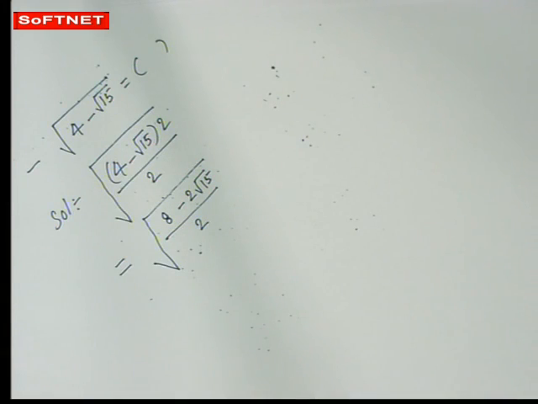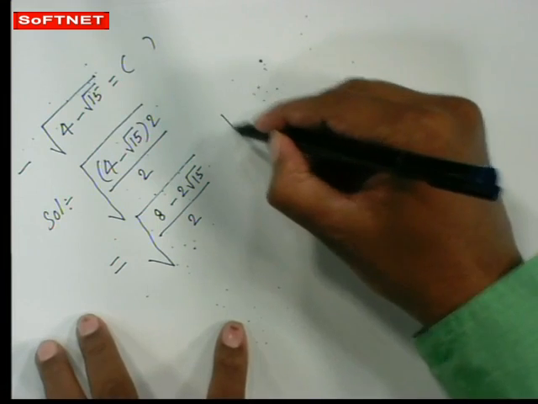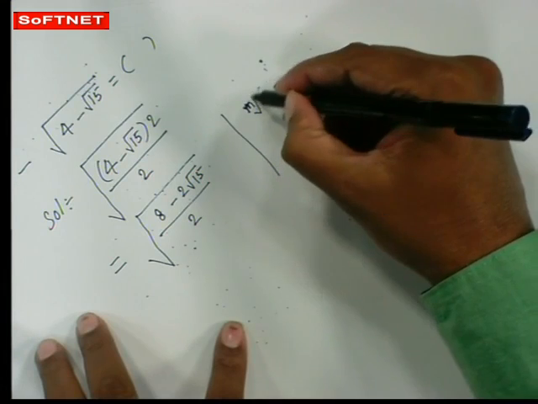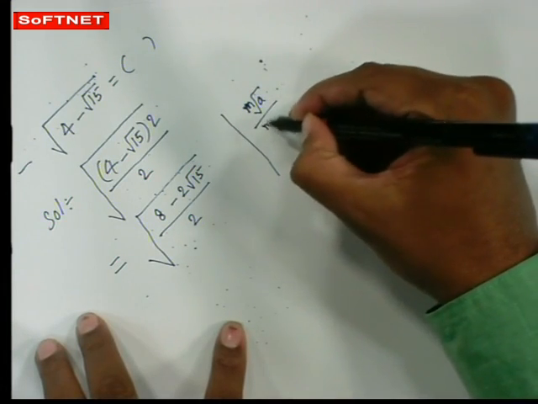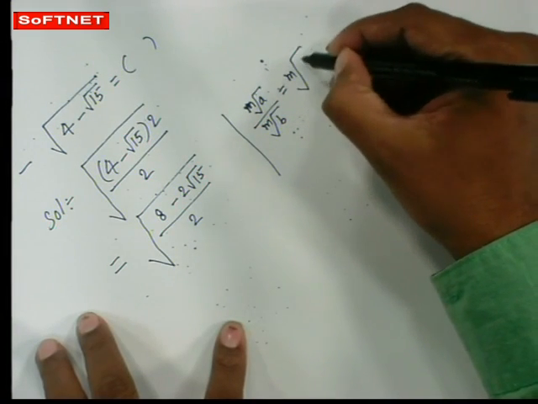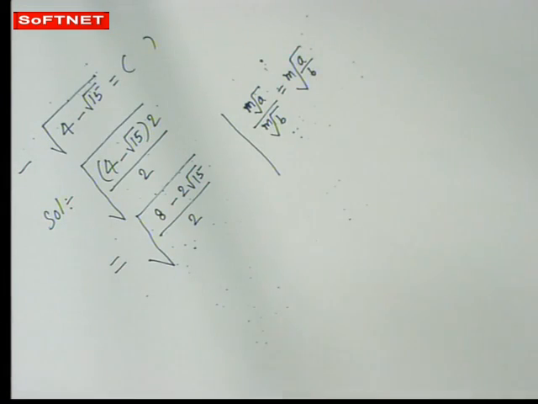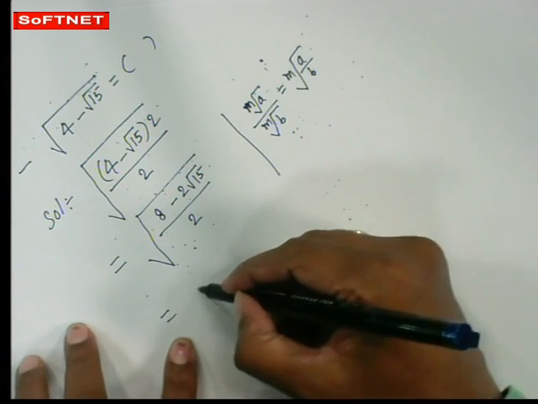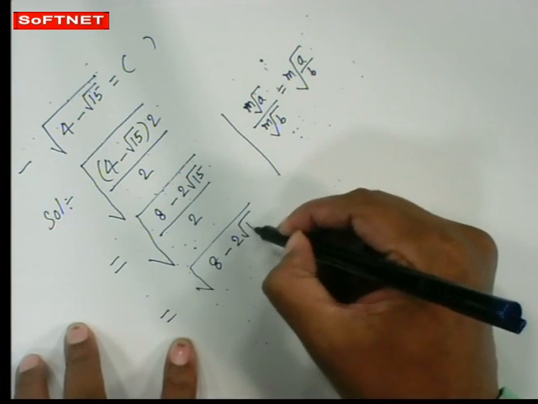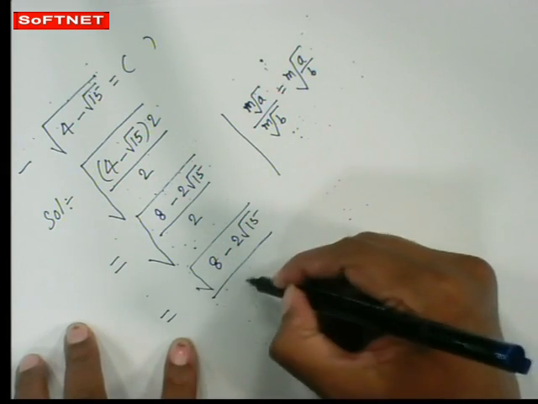Let me revise the formula from the theory of indices: the mth root of A by the mth root of B equals the mth root of A by B. Understood? So this can be written as root of 8 minus 2 root 15 by root 2.